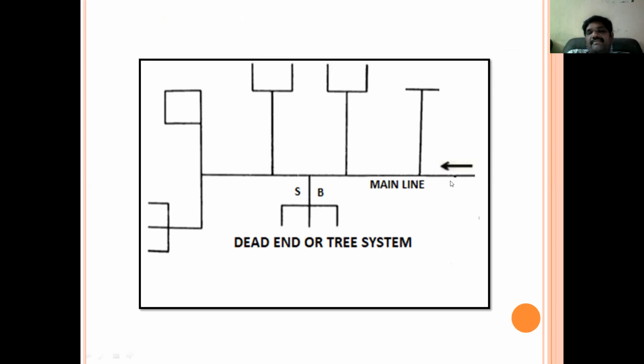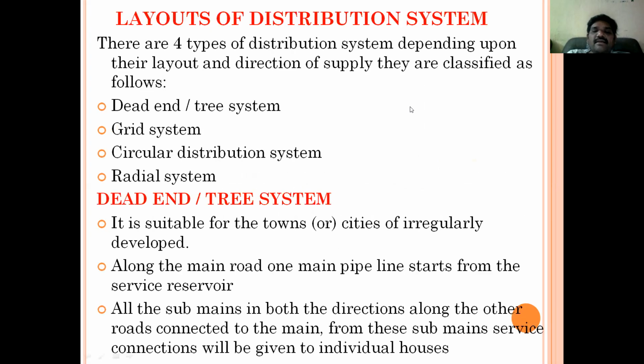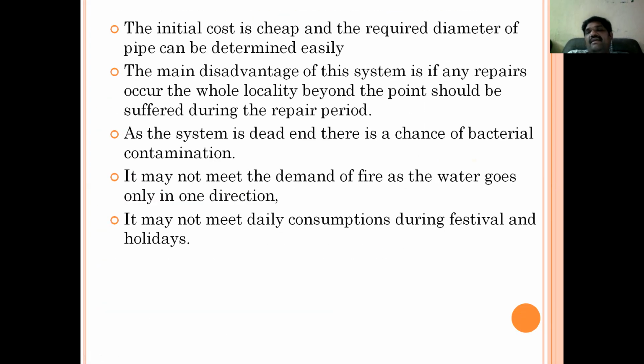This is the main line. To this main line, various service lines are connected. To these again, submains and sublines are connected, and they will be given to the individual houses.